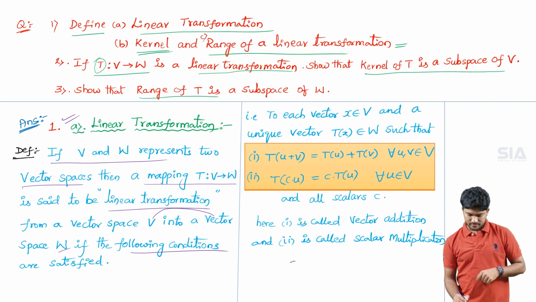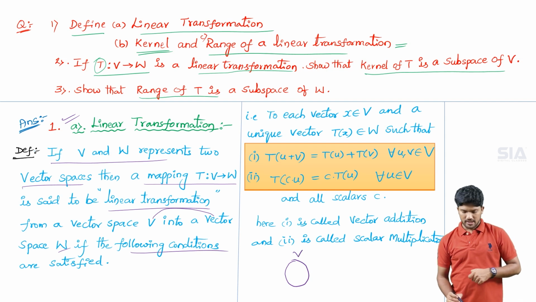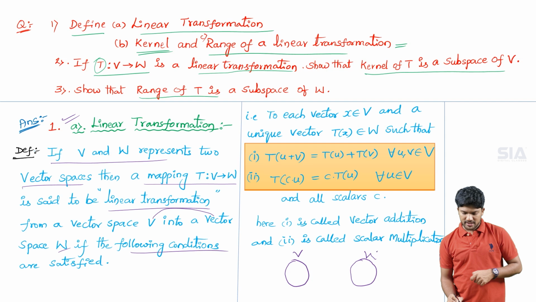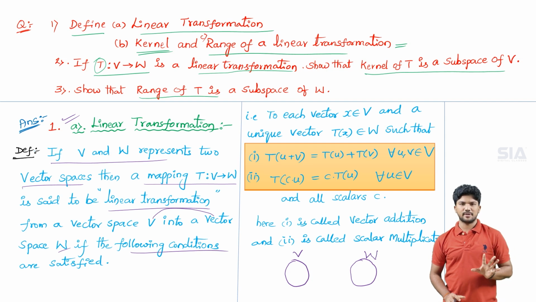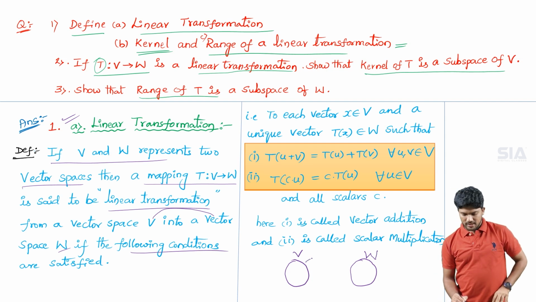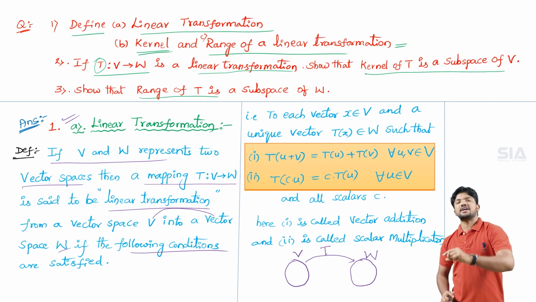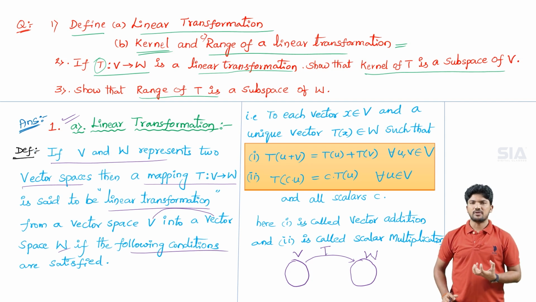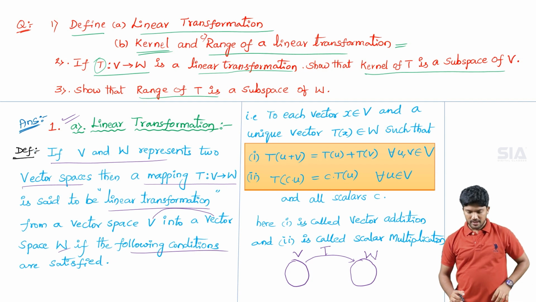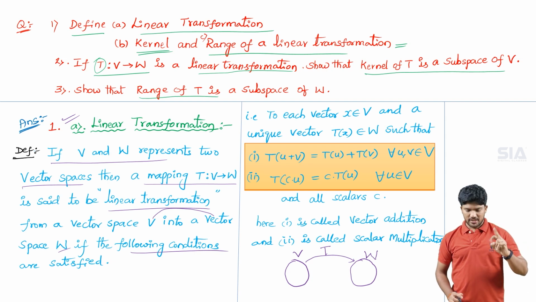Whenever you take capital V as one vector space and capital W as another vector space, both are vector spaces only, and there is one mapping capital T, then this mapping is said to be a linear transformation whenever two conditions hold.